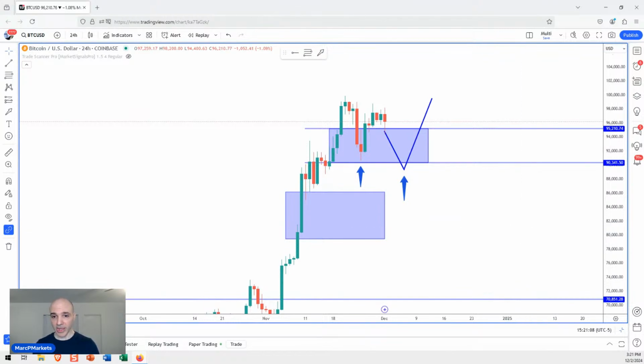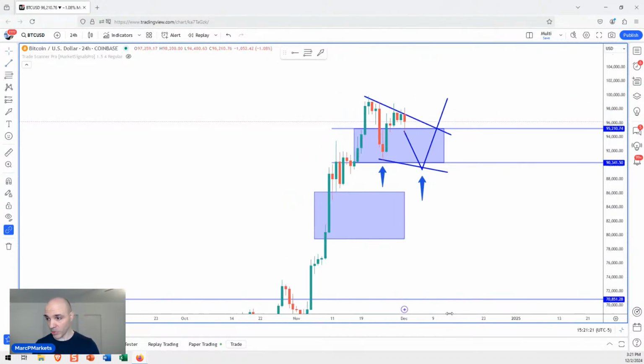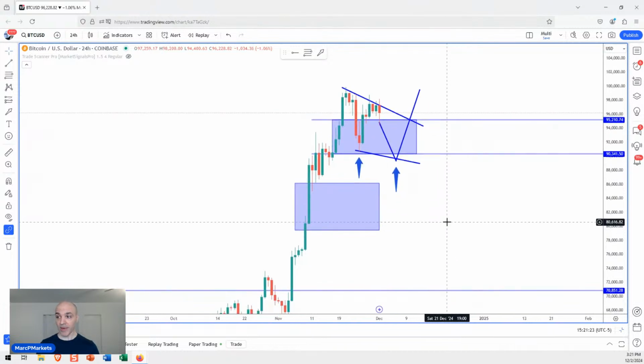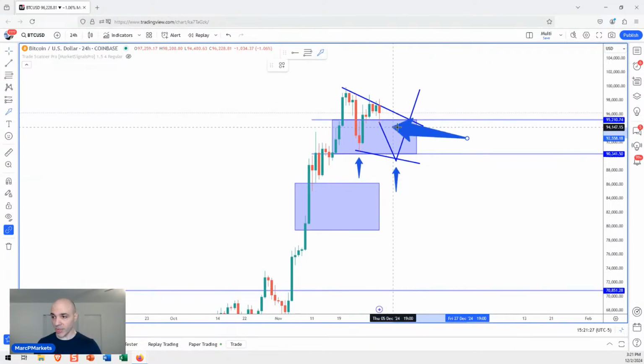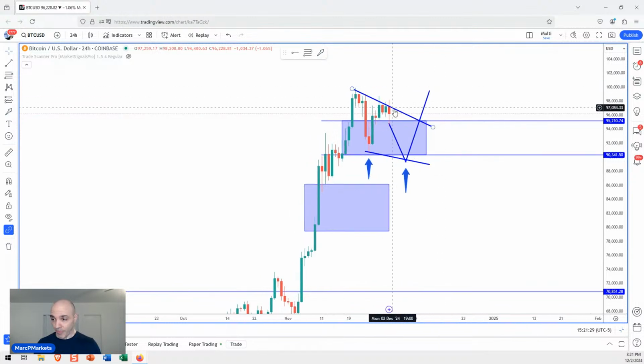Typically in these situations, when you have the high in place, a lot of times what you get is a consolidation. And that's what it looks like we're getting here. A bull flag is basically what this looks like; it could be developing. So my scenario for the week, which is this illustration right here, is that I'm anticipating the failed low, which is what this is.